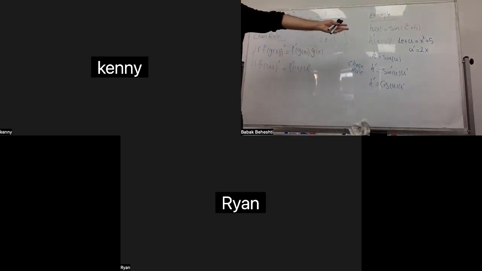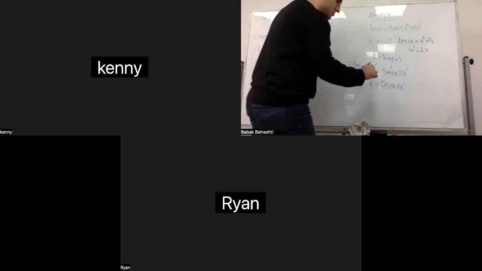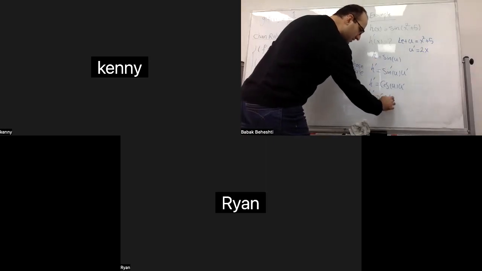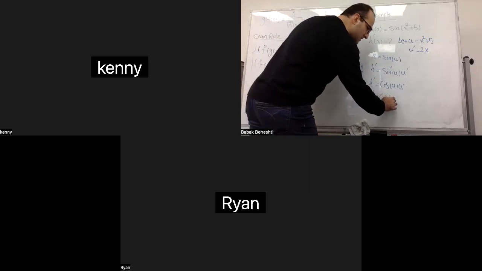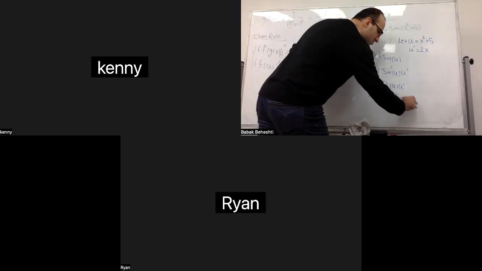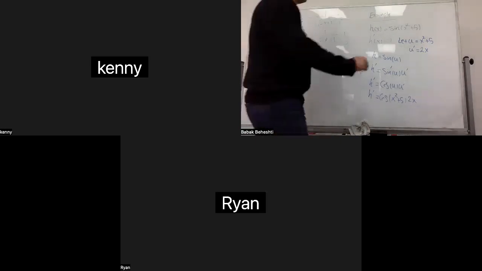Now write everything in terms of x: u is x squared plus 5, u prime is 2x, so h prime is cosine of x squared plus 5 times 2x.